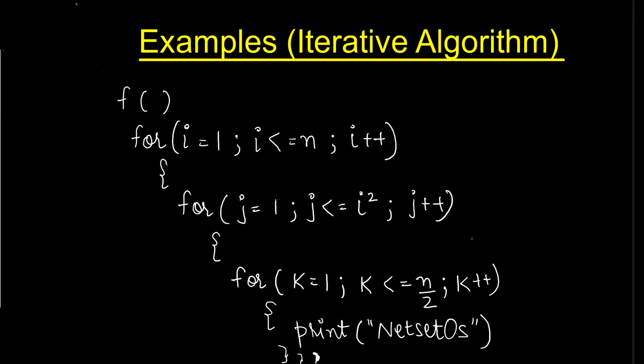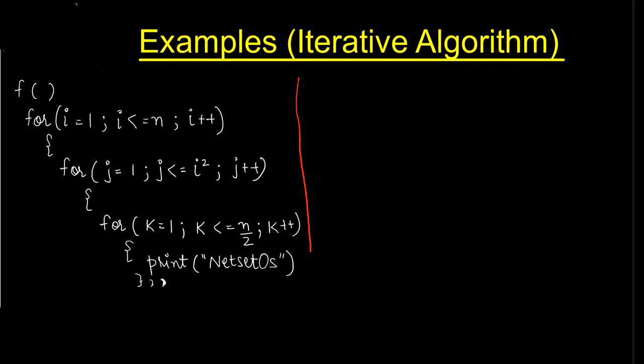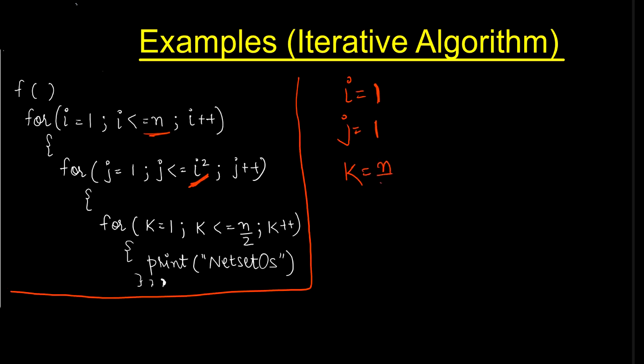Here we have 3 loops for which I is running for n times and j is depending on I. So this time, I need to check each value for the time complexity. So let's see it. Now for this calculation, we will check for each time. Here, when I is running for 1 time, j will run for 1 time because j should run up till I square. 1 square will be 1 and k will run for n by 2 times.